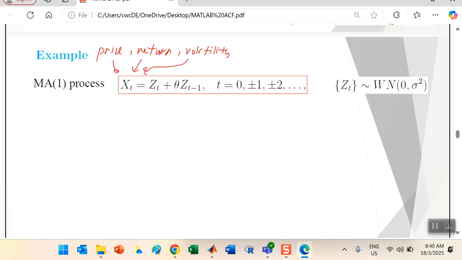Okay? So the MA model actually has a lag one of the white noise ZT, and the current ZT is going to influence the XT.